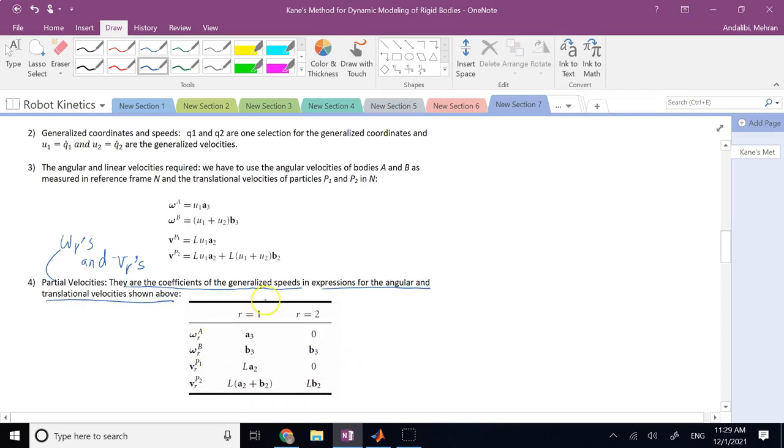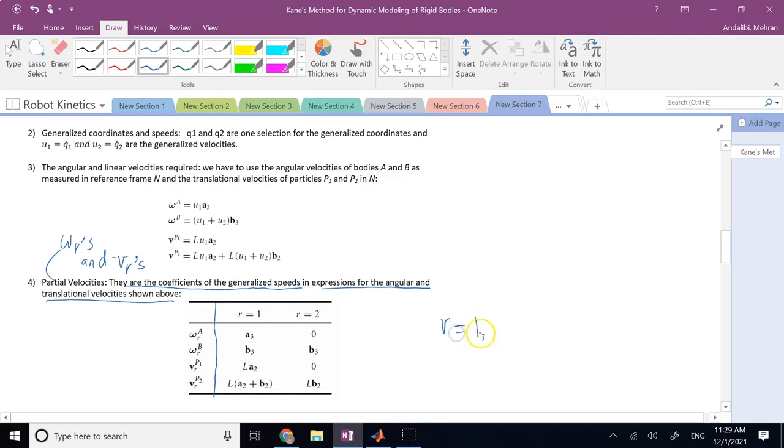So you form a table like this. On the left column, you arrange all of these terms: omega A, omega B, VPA, VP1, VP2. And you give a subscript R to each one, because here you have 2 R's. Remember, you have 2 degrees of freedom.